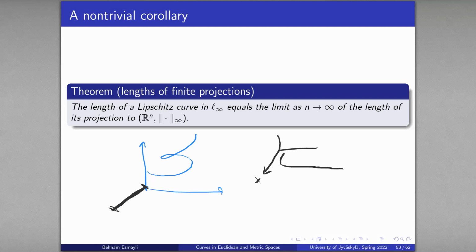When you project the curve, all you see is from here to here. And then here, your curve remains constant for the rest of the time. So this length is strictly shorter than the length of the actual curve. So the projection misses a big portion of the length.